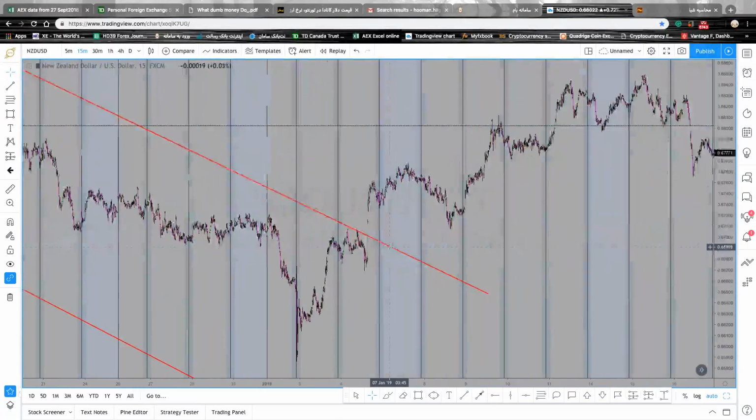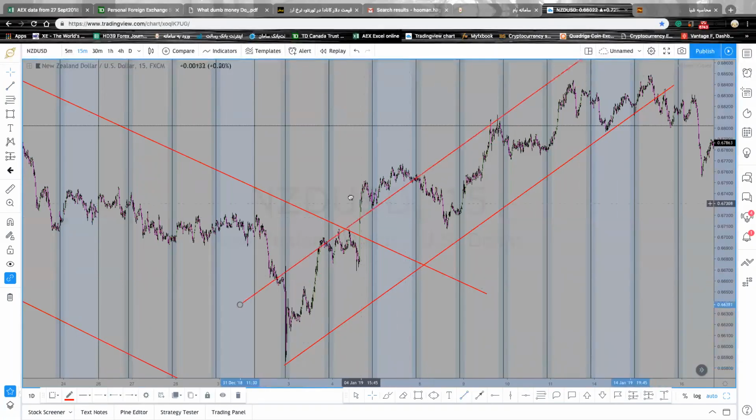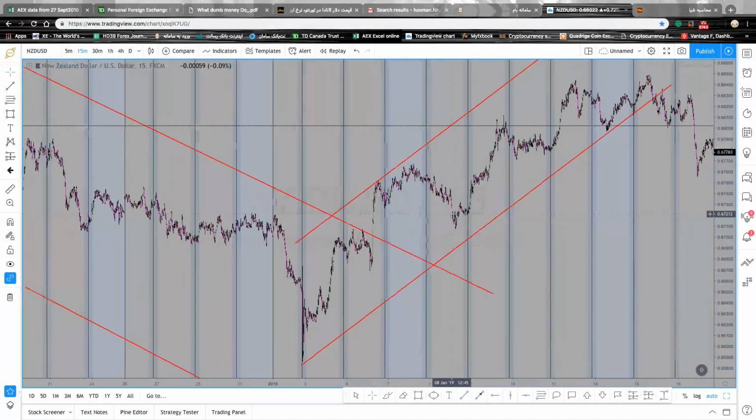You come back to the next one, you keep going. We keep going until you understand it enough, the time that you don't need to draw it in order to see it.